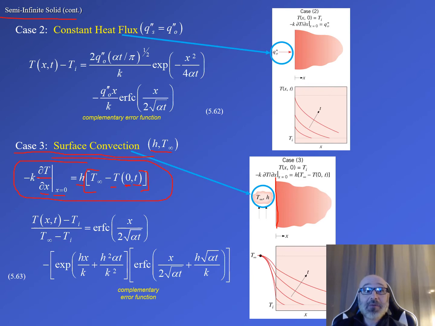With that, we can come down here and take a look at our governing equation, which is 5.63 in our textbook, where we have our temperature difference ratio.